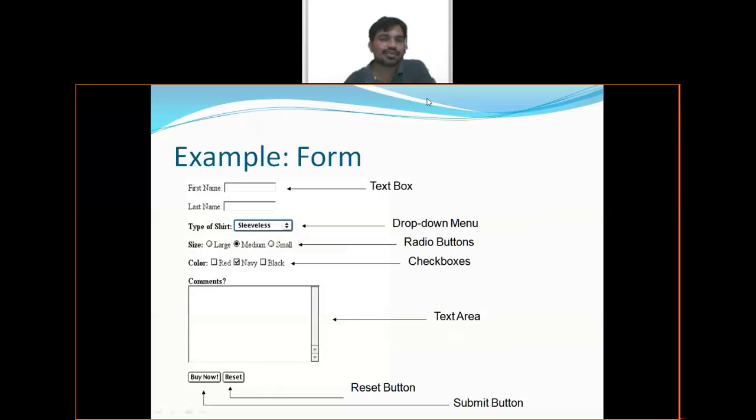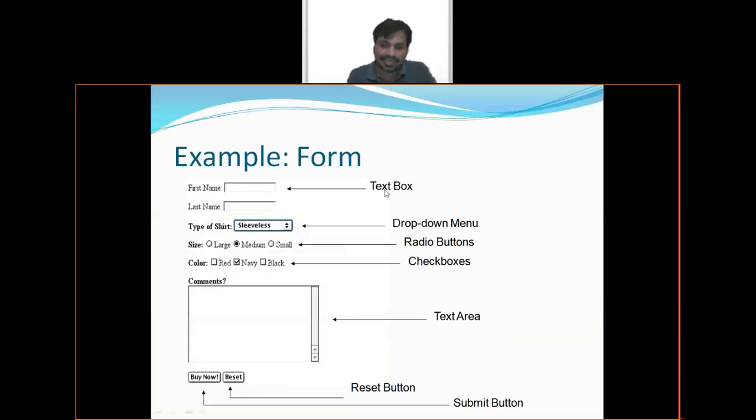In this example, what we can see is the caption, which is nothing but a label. The label is where you enter the names. This is called a text box.